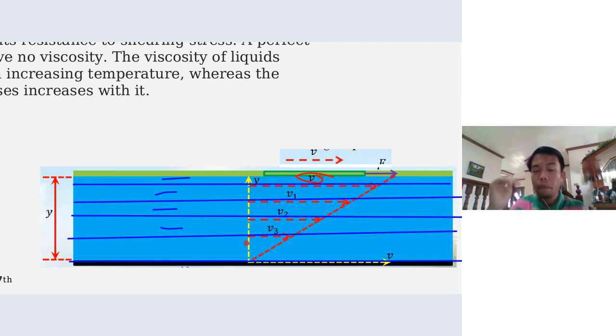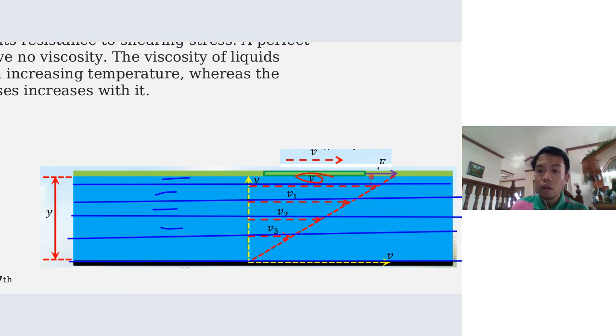And as we go up, the velocity increases because at this point, wala nang masyadong friction eh. Okay, at the top. That's why the velocity gradient of fluid looks like this.